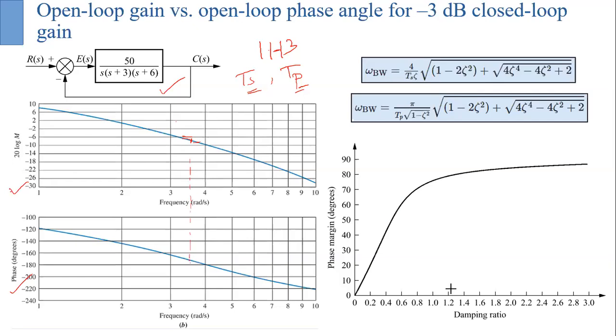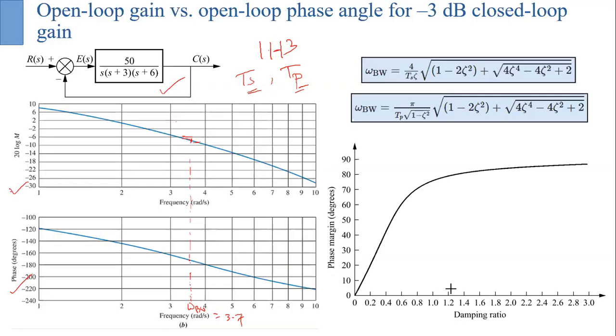The phase is also between minus 135 and minus 220, so very close. So we can say that this frequency corresponds to our bandwidth frequency, omega bandwidth, which is approximately 3.7.